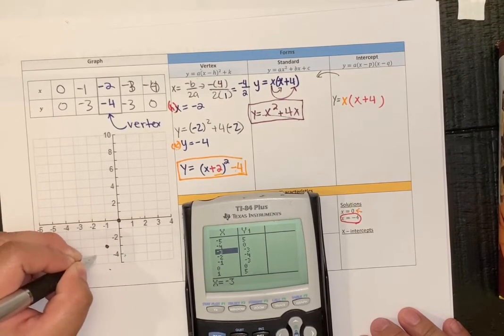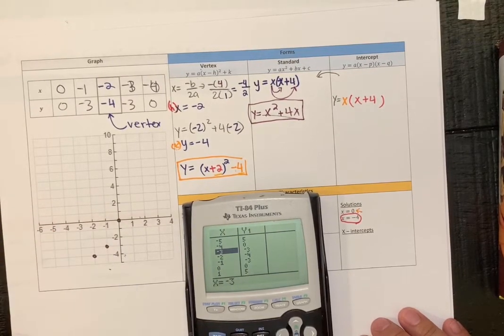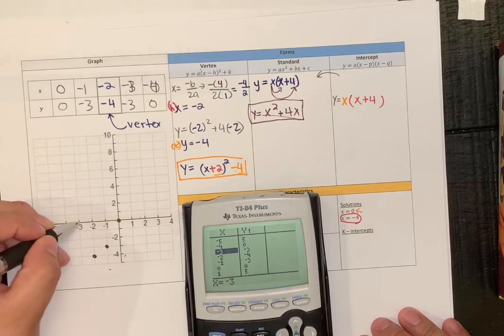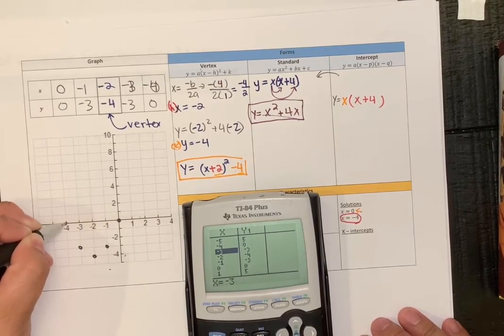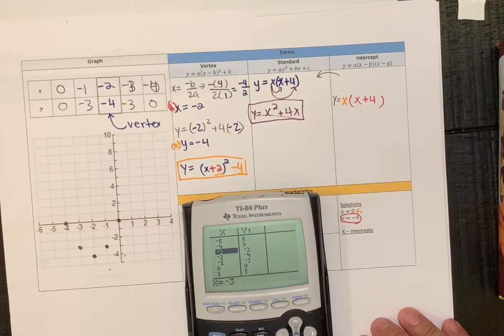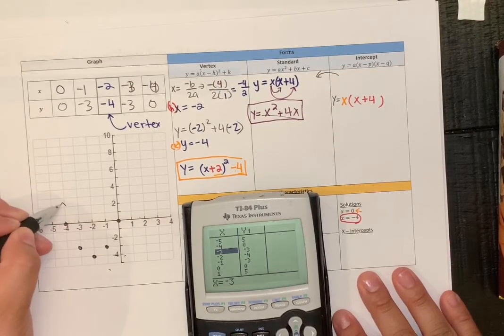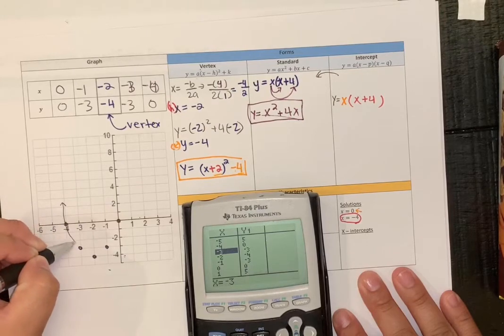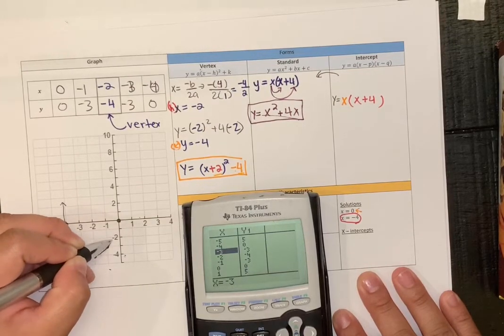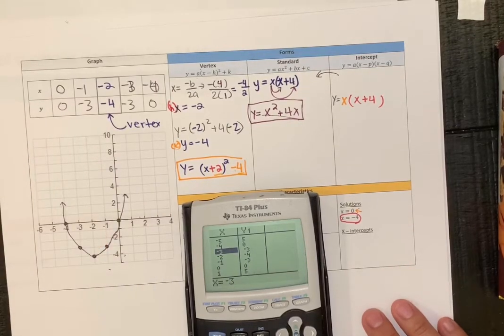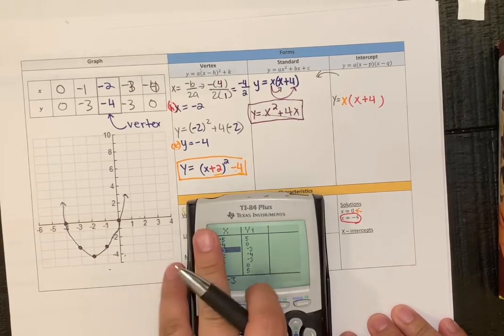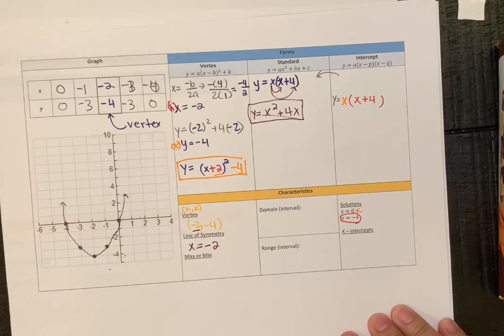Negative 2 is with negative 4. Negative 3 is with negative 3. And negative 4 is with 0. I can go ahead and make my U-shaped parabola. And there's my graph. So I can go ahead and put this aside.